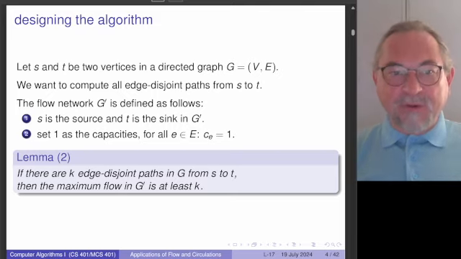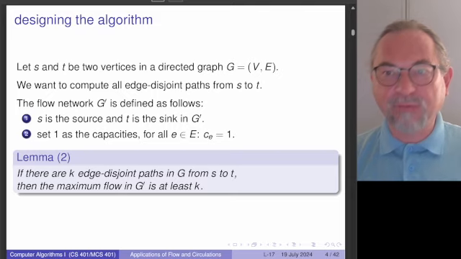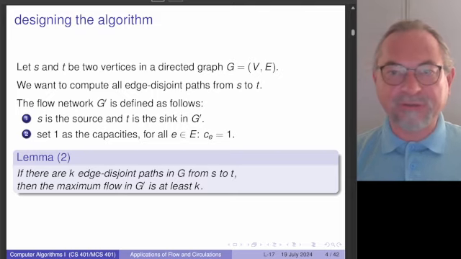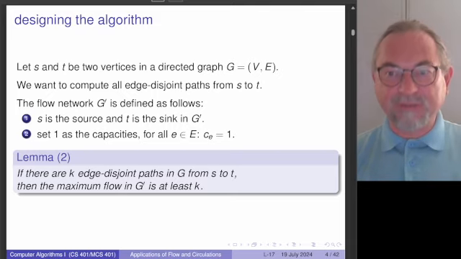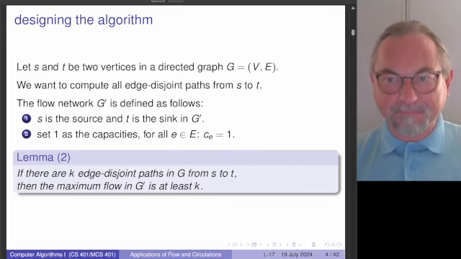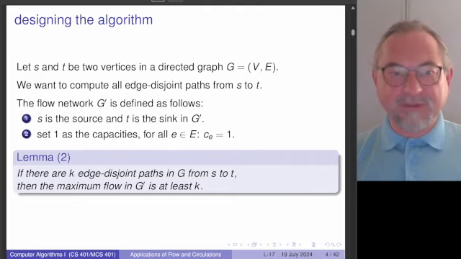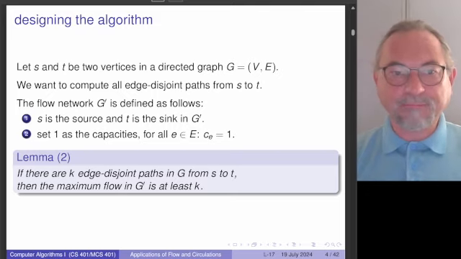We then define the flow network, which we write as G prime, where the two vertices we are interested in are the source and the sink, and we set the capacity 1 on all the edges.